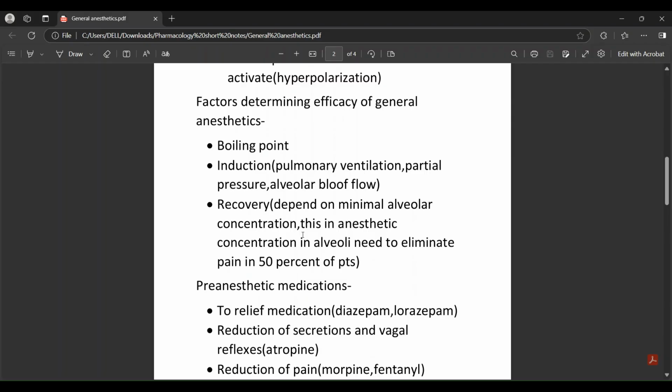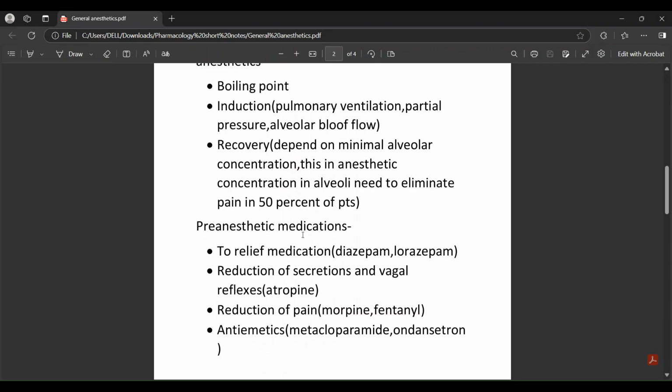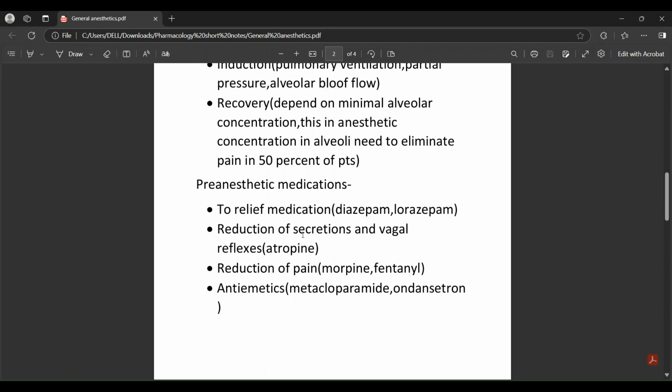If you take 100 patients, what concentration do you need to eliminate pain in 50%? That we call MAC, minimal alveolar concentration.